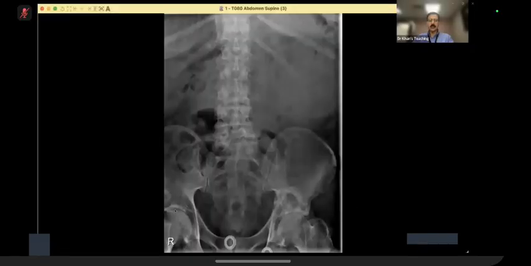Now, if we go back to this case, the key findings here are that there is a mass which is obliterating the left psoas muscle. So it might be of renal origin, which is what the candidate pointed out. There is a lesion here.